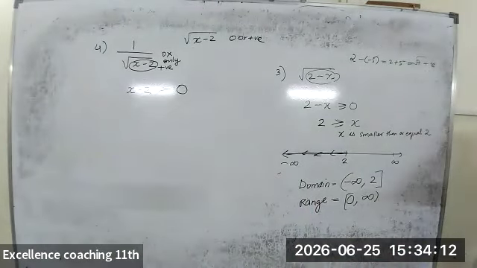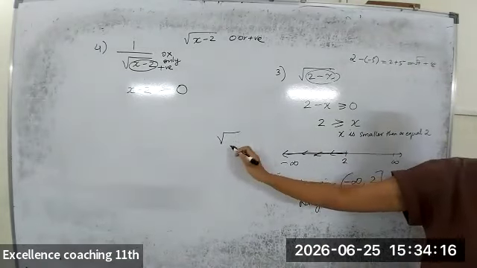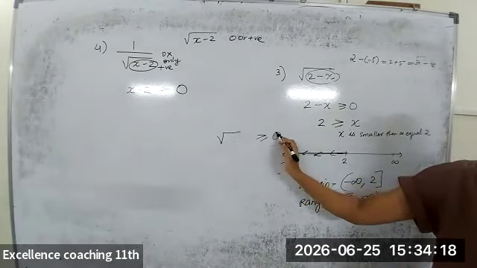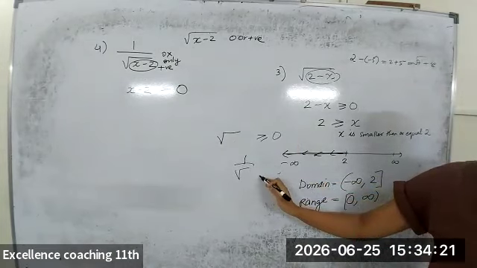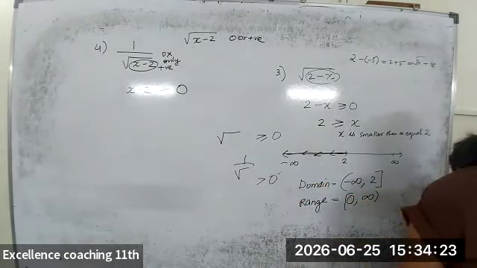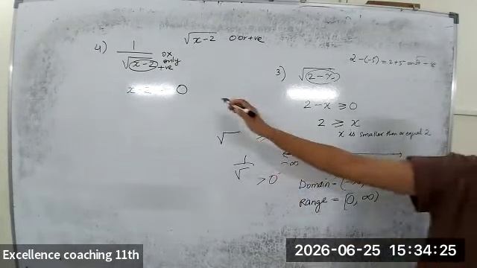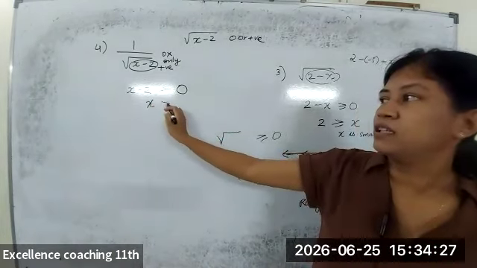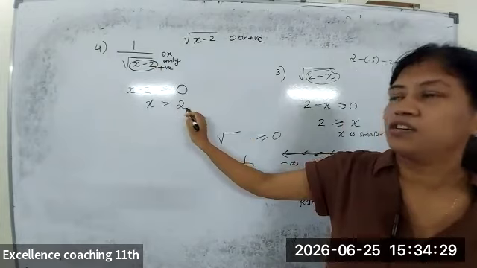If you don't want to break your head thinking about where it is, just remember: root in the numerator, this symbol you have to take. Root in the denominator, you have to take this symbol directly without equal to sign. Now solve this. So x should be greater than 2.